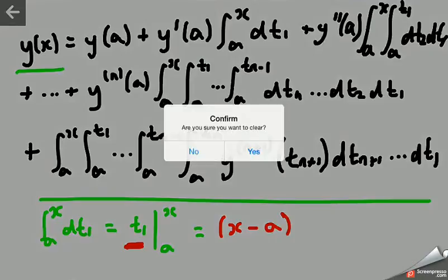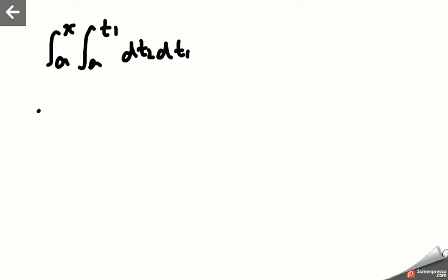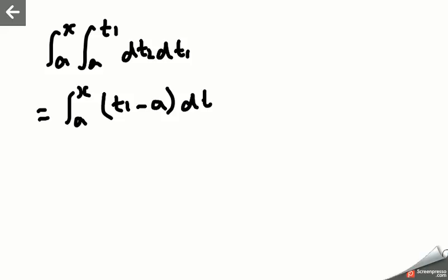Okay, let me do another one then. On a similar note, we have the integral from a to x of the integral from a to t1 dt2 dt1. Well, if I integrate it once first, I'm going to get the integral from a to x of t1 minus a dt1.